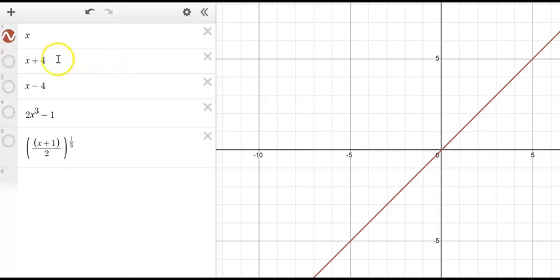Now, if I were to graph the first one, x plus 4, my green one, that's a line that has the y-intercept at 4 and a slope of 1.